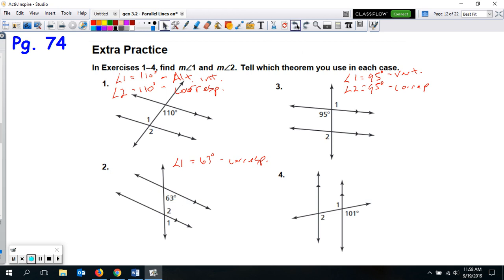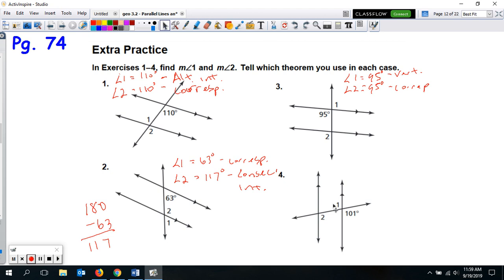So this is going to take a little bit of a subtraction problem. If you take your 180 degrees, subtract 63, you find it's 117, because 117 plus 63 would add up to 180. So number 2 is going to be 117 degrees because of consecutive interior angles. You could have also used linear pair in this one, because since you know 1 is 63, this linear pair is the same thing, supplementary there.